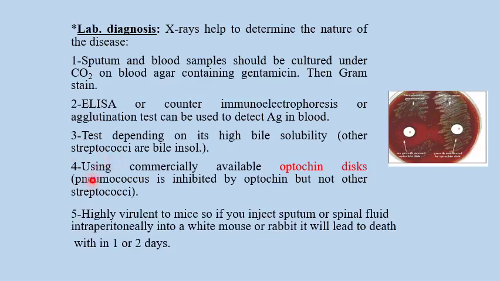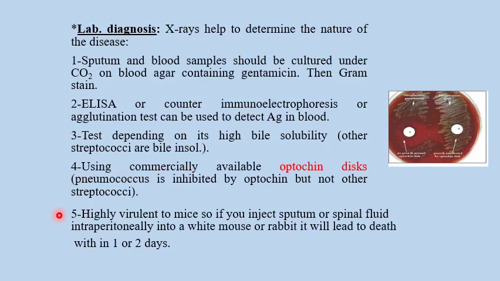dose. The same idea applies using commercially available optochin discs. The pneumococcus is inhibited by the optochin disc, but the other streptococci are not inhibited. So by these two tests, these are characteristic tests you must know for this organism. They are also highly virulent to mice.